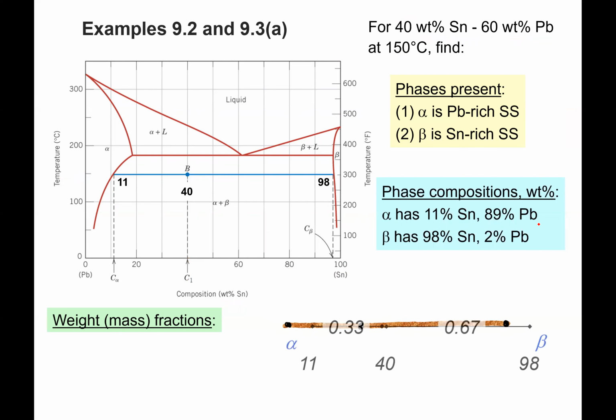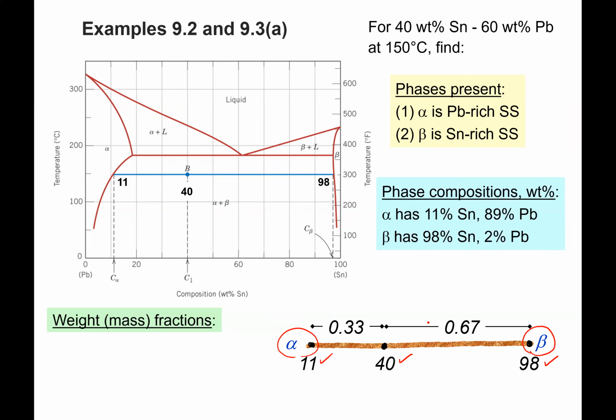I'm going to bring my tie line out of the diagram, and I'm going to label everything that I know. One thing I want to do is make sure that I mark where my endpoints are for my two phases. So the alpha is over on the left side, the beta is over on the right side. And I've pulled off the composition of the alpha, the composition of the beta, and the overall composition of our alloy.